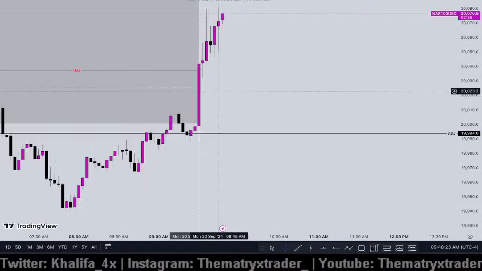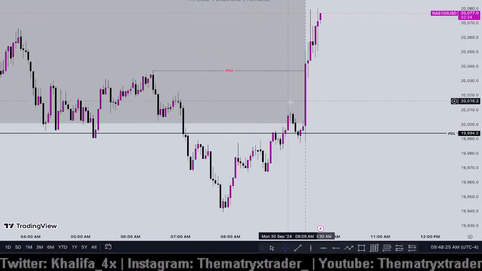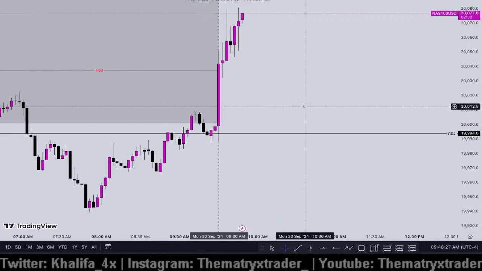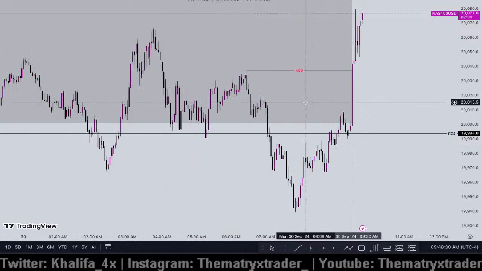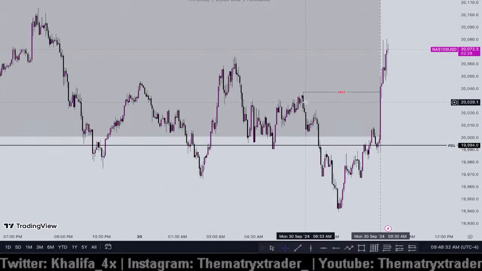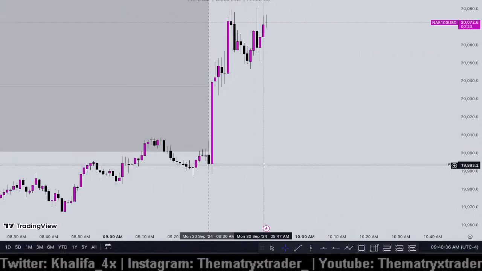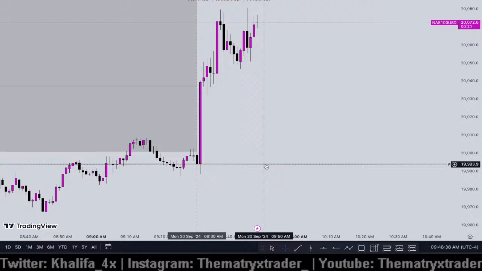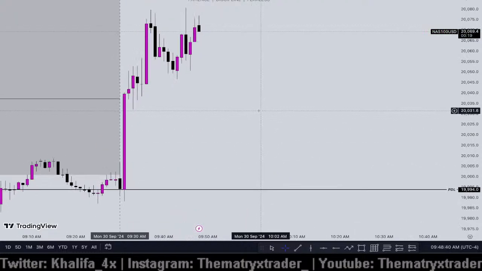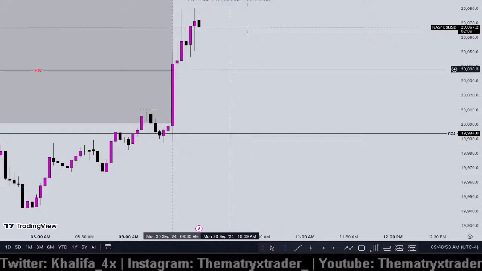The prices keep pushing higher and higher. No clean price action till now.